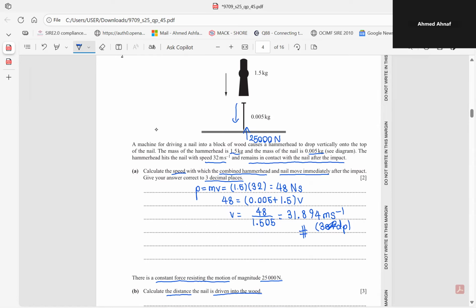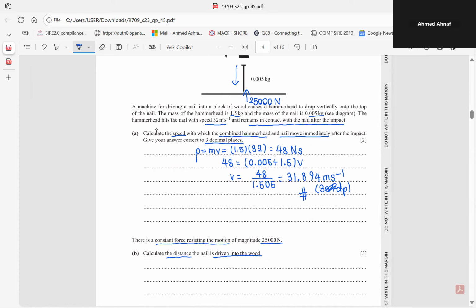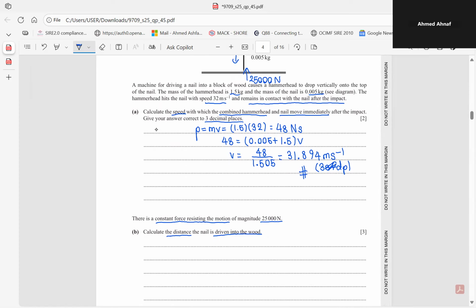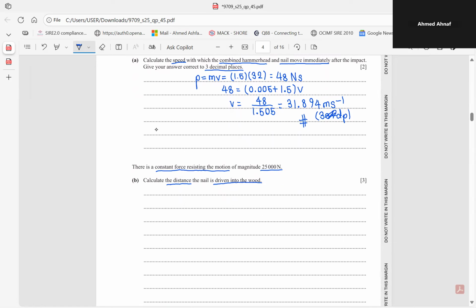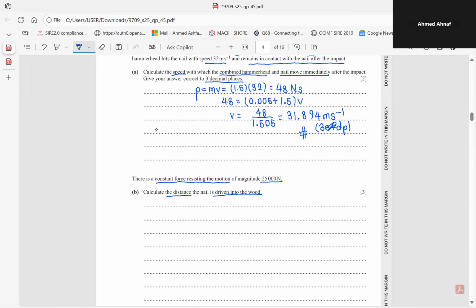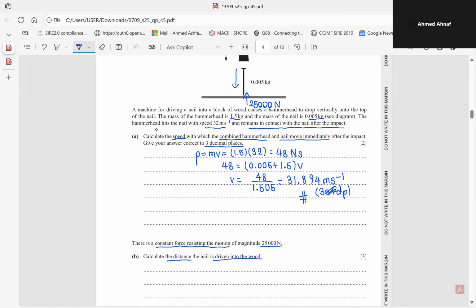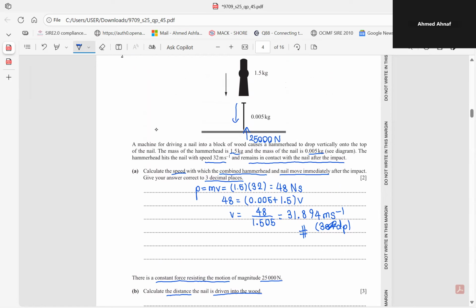They did not give us the time, so this is just going to be v squared equals u squared plus 2as. I think we should find the deceleration.